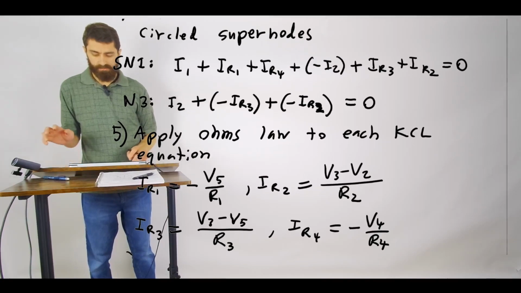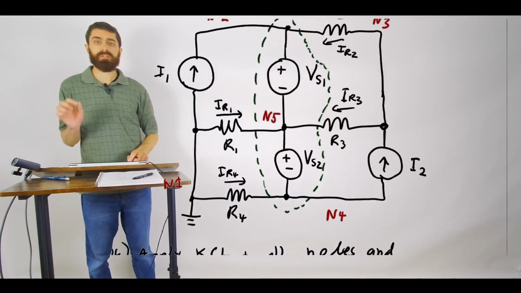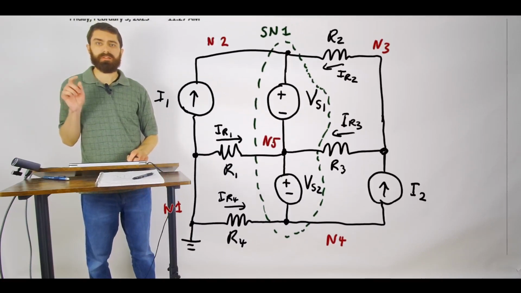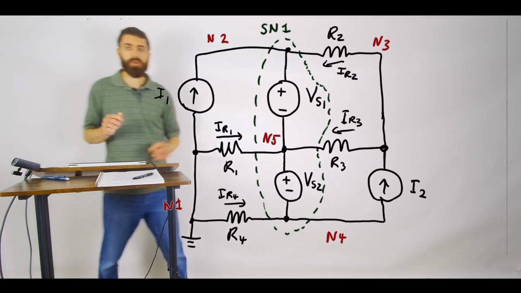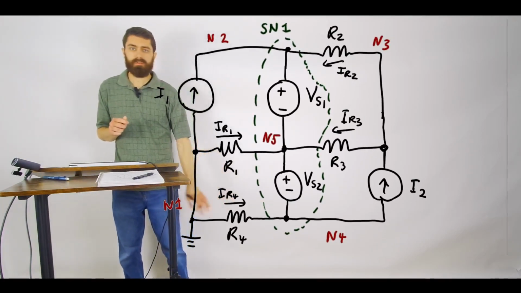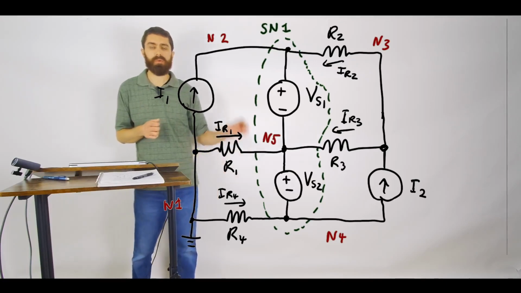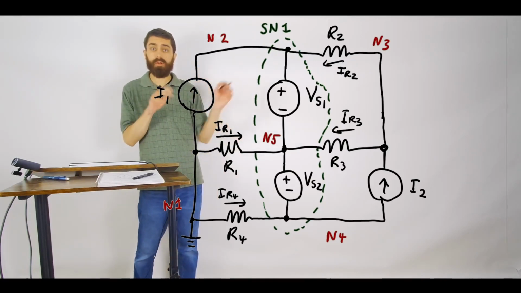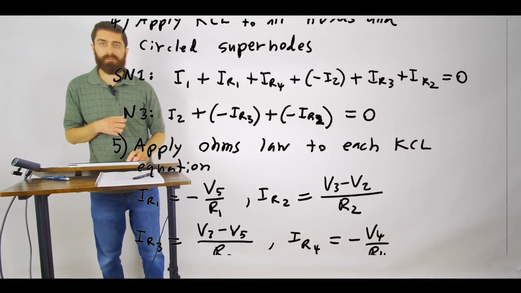So we've got four unknowns, right? V1 is just 0 volts, so we've got 4 nodal voltages, which is 4 unknowns. And notice that we have 4 equations.